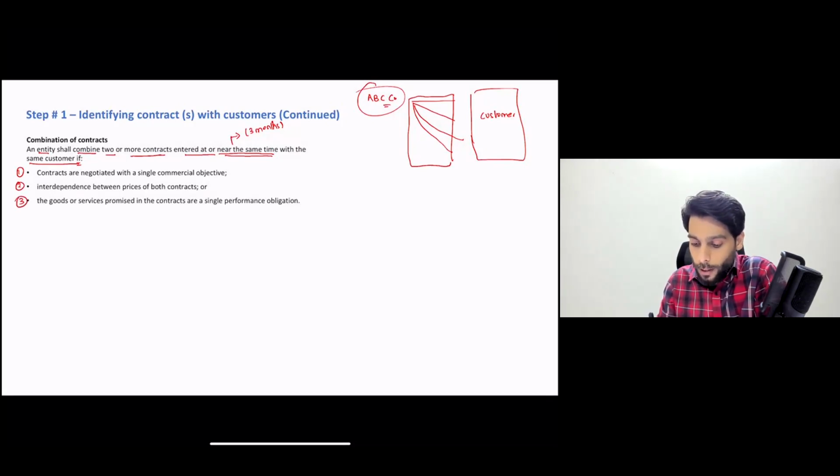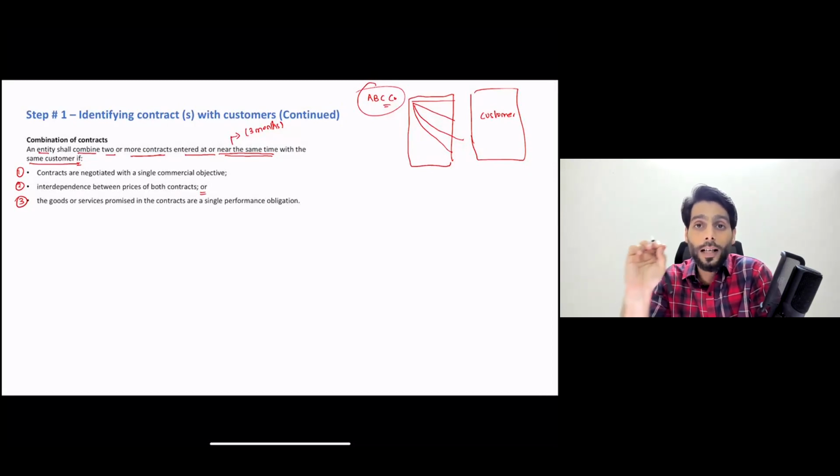There is an 'or' between them, which means that if any one of the conditions has been satisfied, combination of contracts would be applicable.